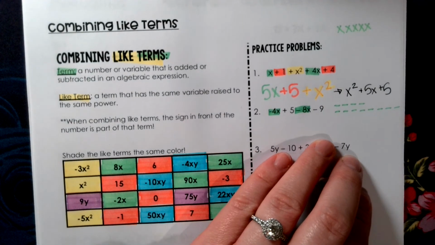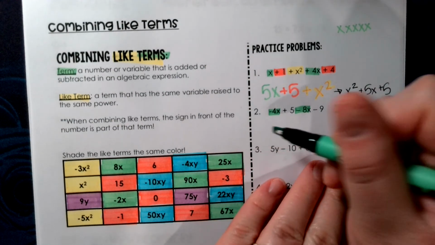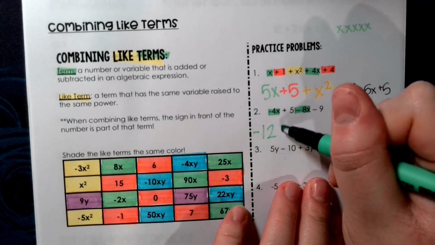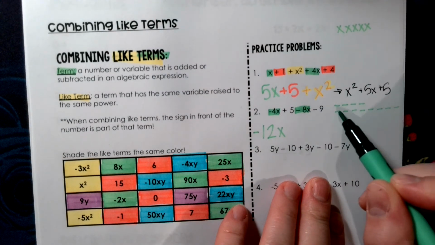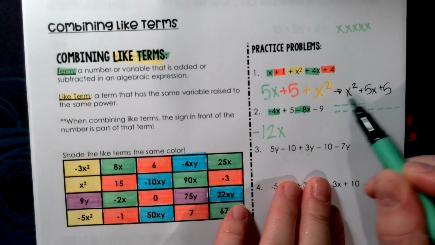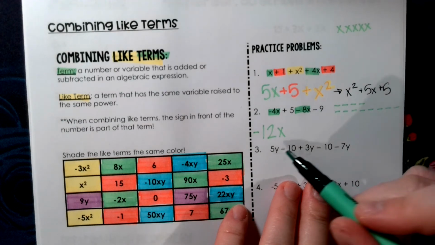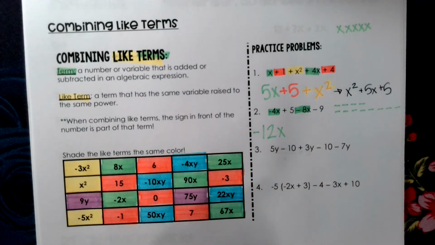So how many total negatives is that going to be for my x's? That's going to be negative 12x, because again, the 4 negative x's and the 8 negative x's all together, there's nothing to cancel there, make negative 12x.